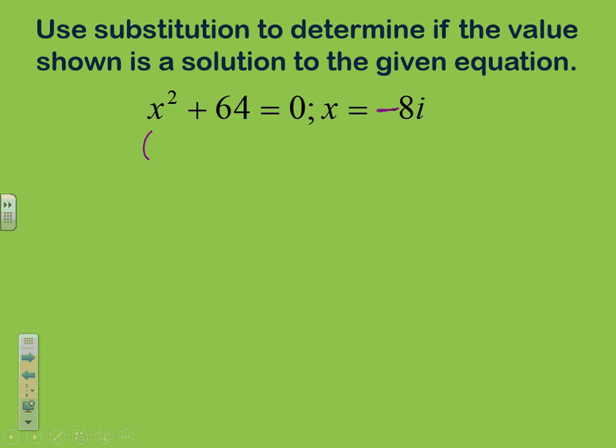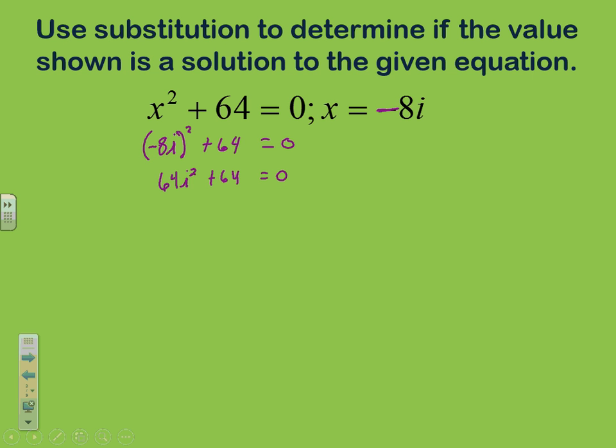If I substitute negative 8i in for x squared plus 64, let's see how this one's going to work out. Now we're squaring the 8 and the i that's inside of the parentheses. So negative 8 squared, negative 8 times negative 8 is a positive 64, and i to the second power will give me i squared as well, plus 64.